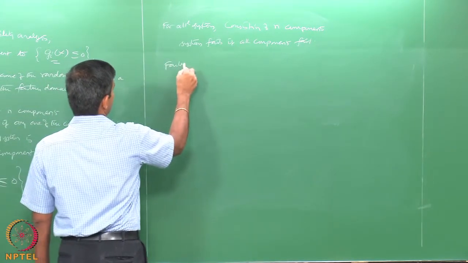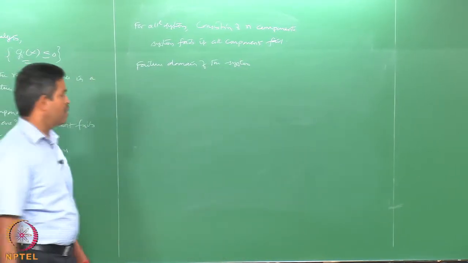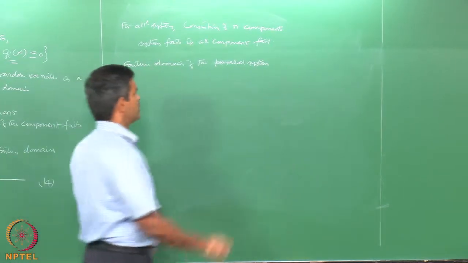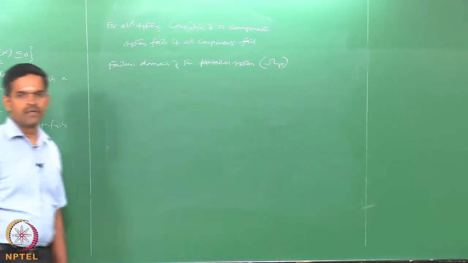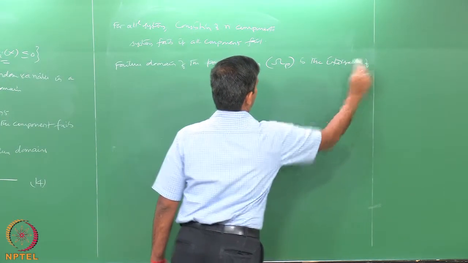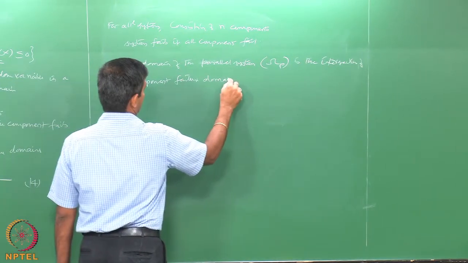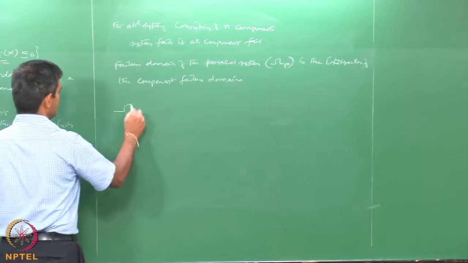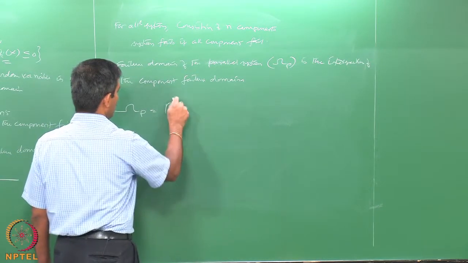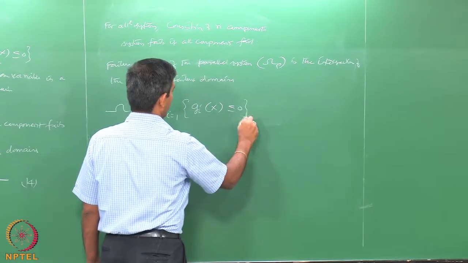Therefore, the failure domain of the system, or to be very particular, of the parallel system, which I am going to call sigma p, is the intersection of the component failure domains, which is given by n number of components, equation number 50.